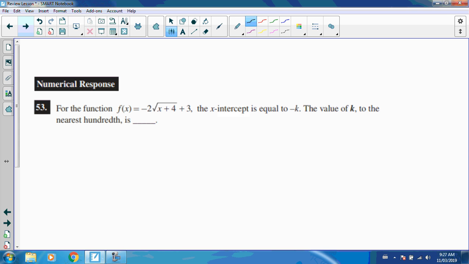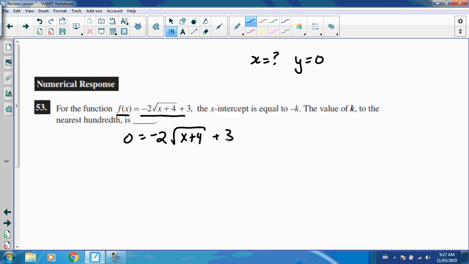We are looking for the x-intercept for this function. So the question is, what is x when y is 0? So I'm just going to replace, again, this side with 0, to make 0 equals 2 square root x plus 4 plus 3. And I'm going to isolate the radical. Negative 3 is negative 2 root of x plus 4.